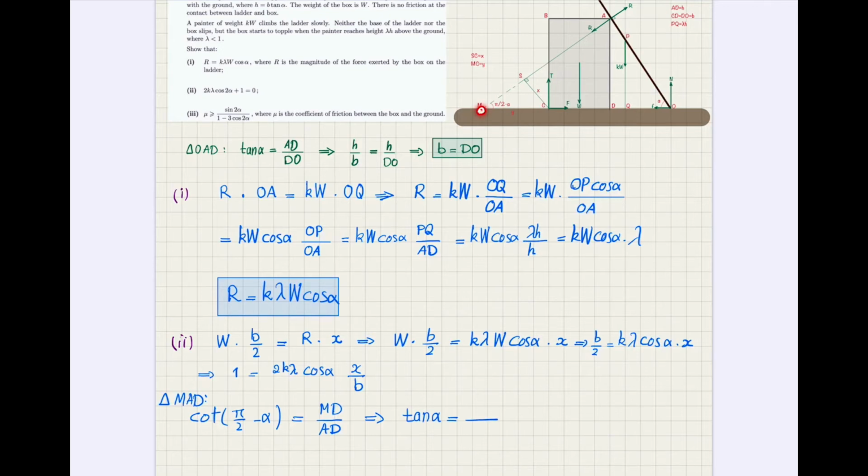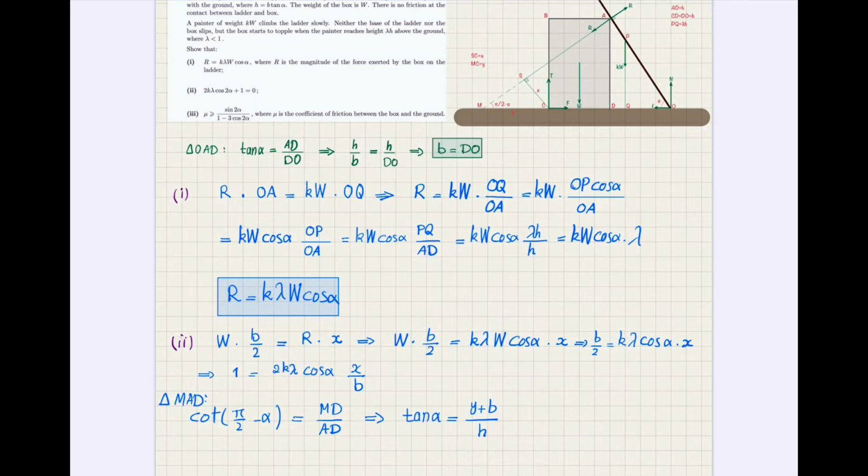MD is from here to here. So this is from M to C plus C to D. Okay, from M to C, for simplicity, I called it Y. And from C to D, we know that this is B. So this becomes Y plus B. Yes. And the denominator, which is AD, is the height, so it's H.